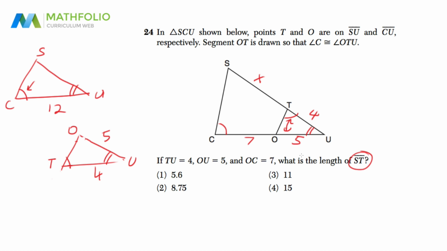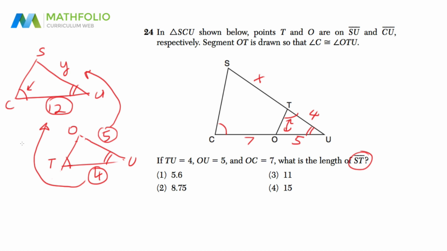So let's take a look. Want to know what ST is? Now ST is a part of SU. So one thing that we know is that this 5 here compares with this side up here, let's just call it Y. And this side here, 4, compares with this here, well, it's labeled as 12.